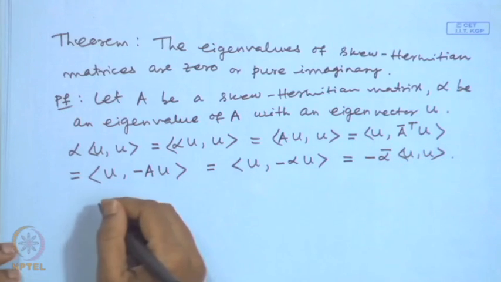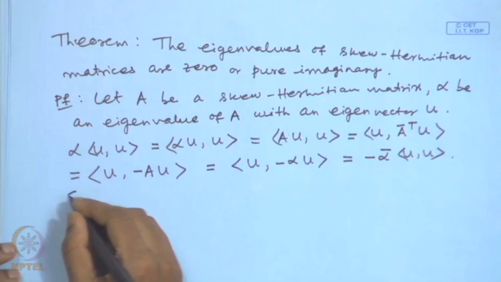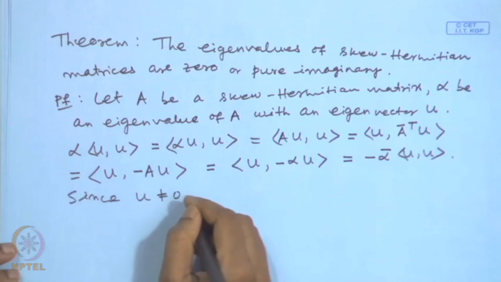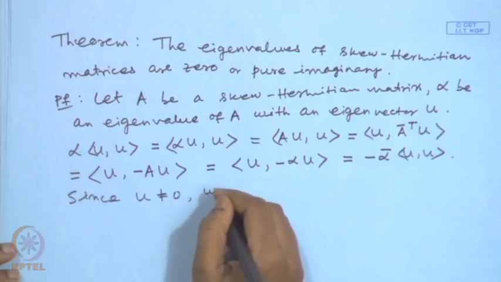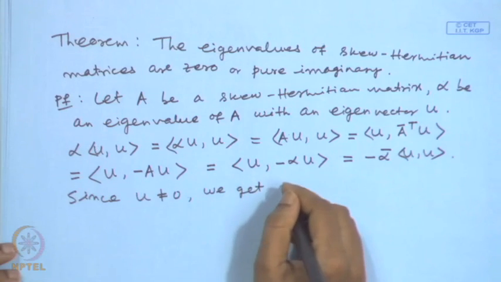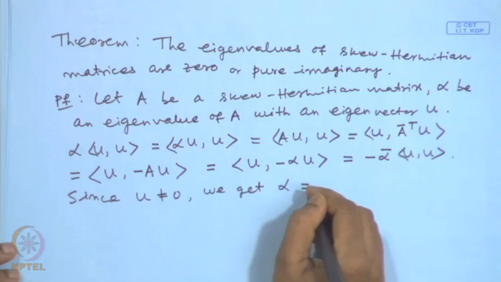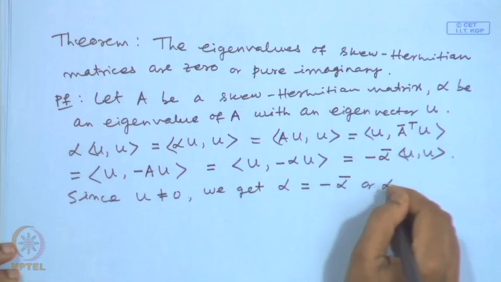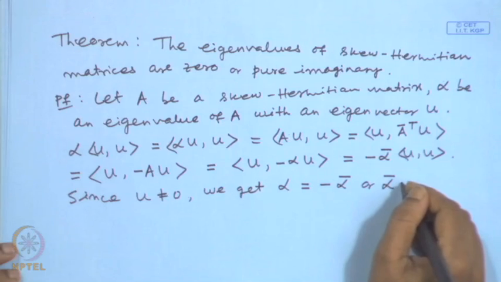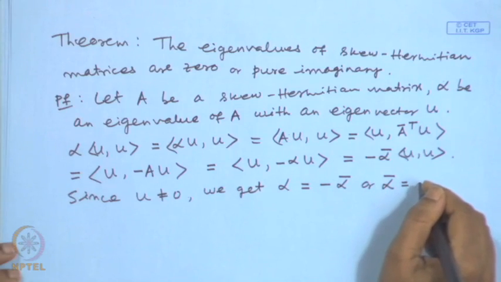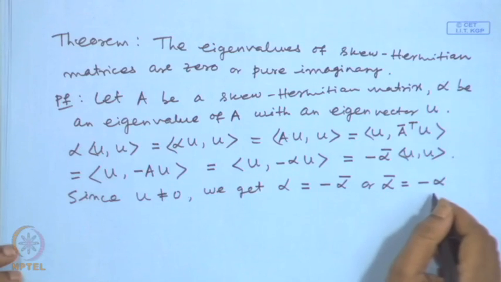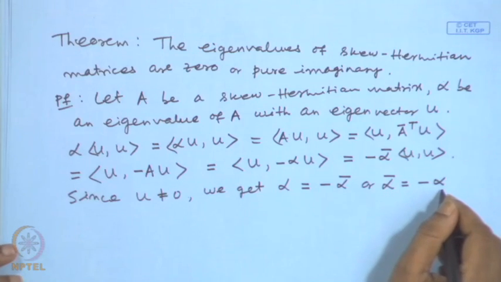So, from here, since u is not equal to 0, we get alpha is equal to minus alpha bar, the complex conjugate of alpha. That is, alpha bar is equal to minus alpha. That means whenever we take the complex conjugate, we get the negative of that complex number.